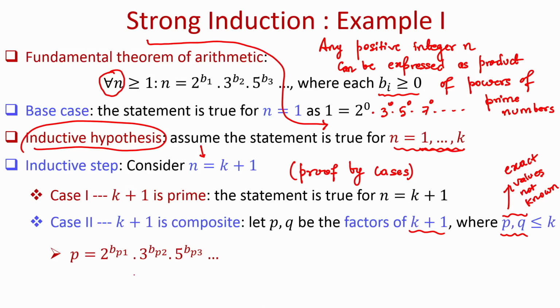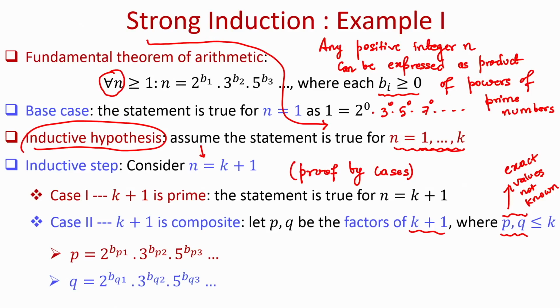I do not know what exactly are those prime powers, but I know it is expressible as a product of prime powers. So, let this expression be the prime power factorization of p, and in the same way, since the statement is true for n equal to q, that means the number q also has its own prime power factorization.